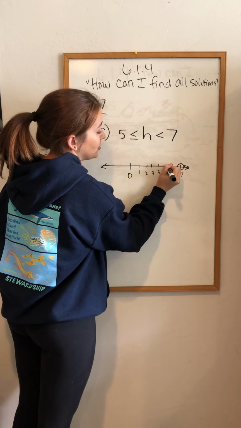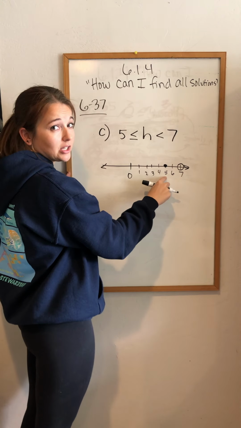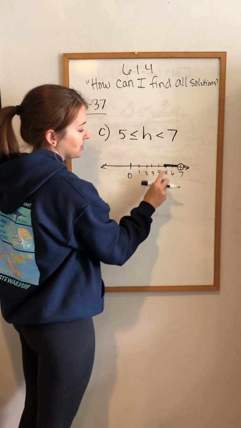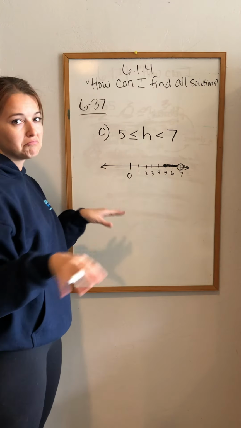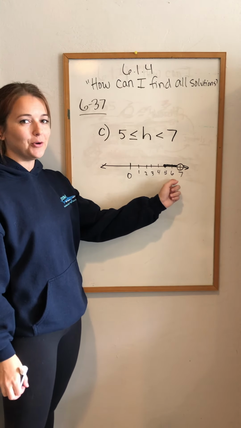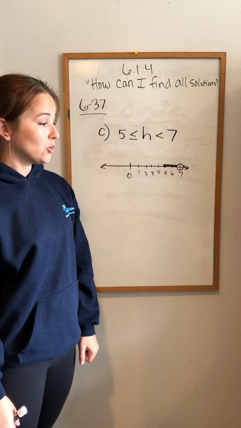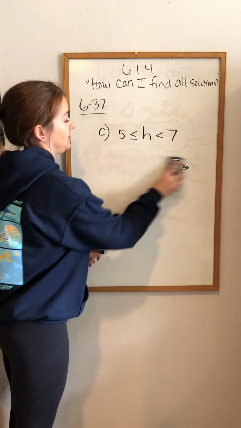And then I put a closed dot on 5 because you can be 5 feet, that's included. And then I just put a bold line in between. Because if you're below 5 feet, you can't ride. If you're 7 feet or above, you can't ride. So we have a very small set of people who can ride this ride. Okay. That is 637.